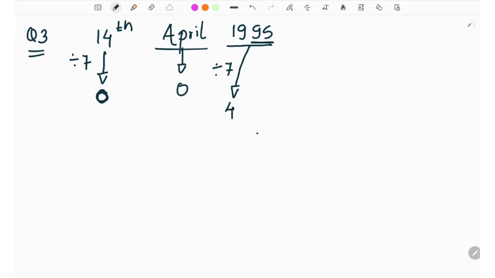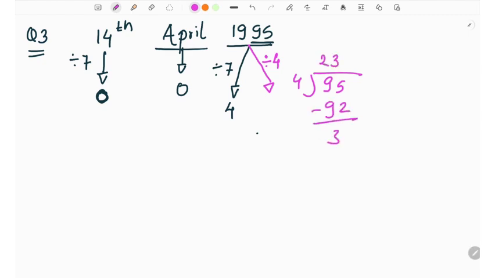So I have divided the given year and the date and have obtained the remainders. Now simply divide the given year by 4. 95 divided by 4, what is important for me? The quotient this time. If you know the table of 23, you will understand this. 23 4s are 92.